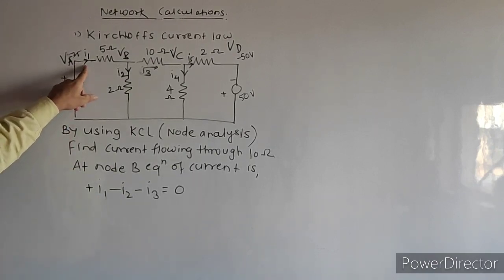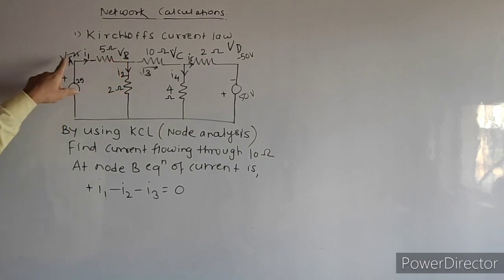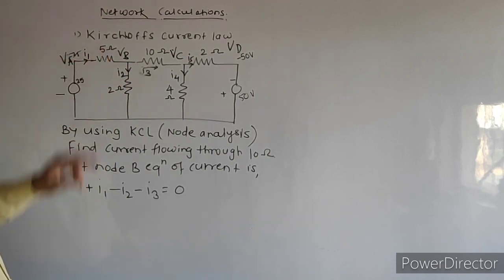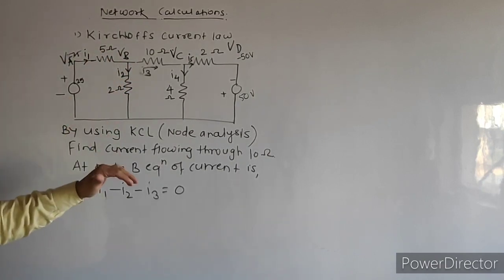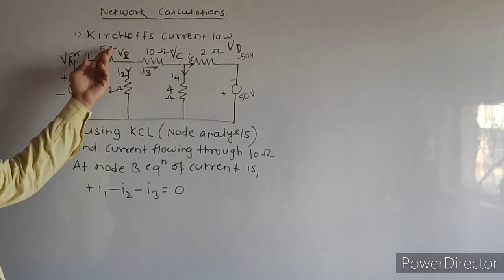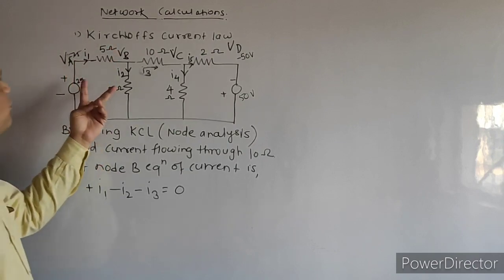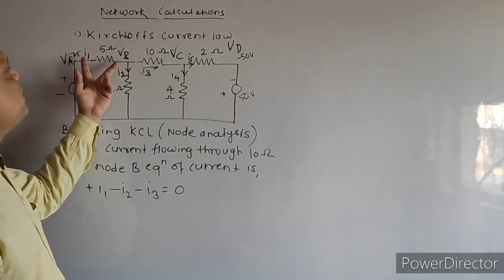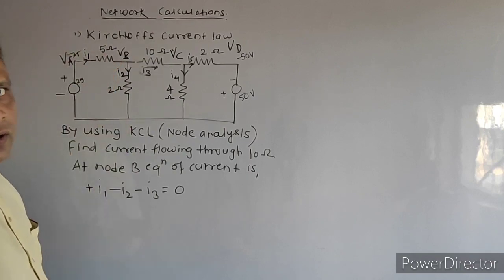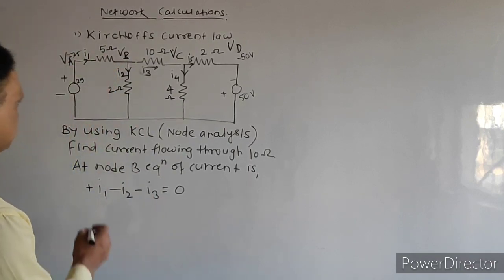Now what is the I1? Value of I1 is nothing but the voltage at point A minus voltage at point B divided by 5, because I is V upon R. So current flowing through this 5 ohm resistor is nothing but the potential difference across this resistor to the ratio of its resistance.